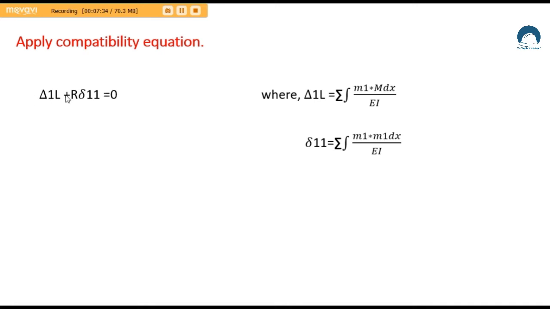Here delta 1L is the summation of the integration of M1 into M dx divided by EI, whereas del 11 is the summation of the integration of M1 into M1 dx by EI.